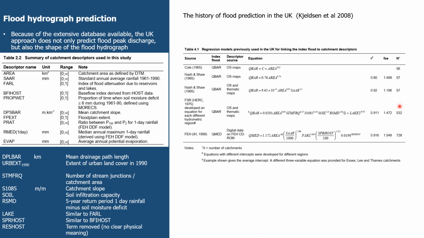Now 532 catchments were included, or 532 data recording stations were included, with an R-squared of 0.9, so quite a reliable equation.